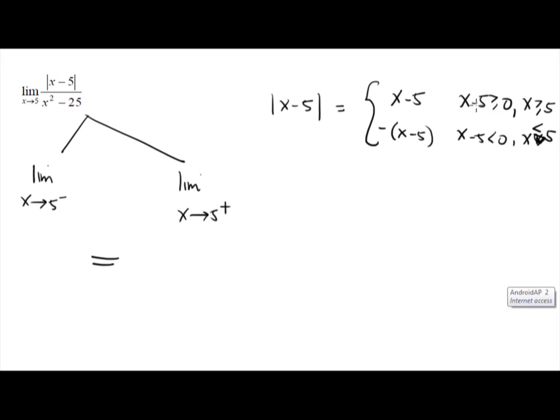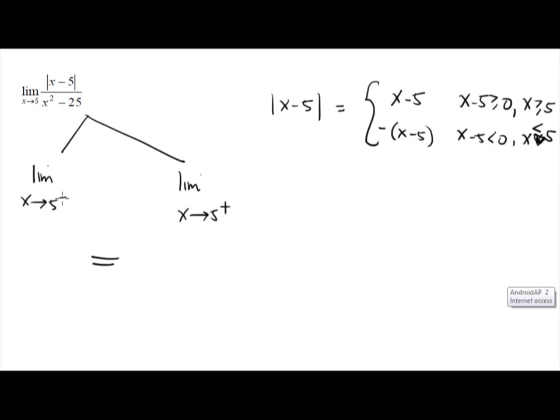But we can combine two of them. You can put the equal to 0 with x minus 5, or you can take the equal sign on the negative x minus 5. So you have to choose: either you put the equal sign here or on the second one. It doesn't matter as long as you don't put the equal sign on both.